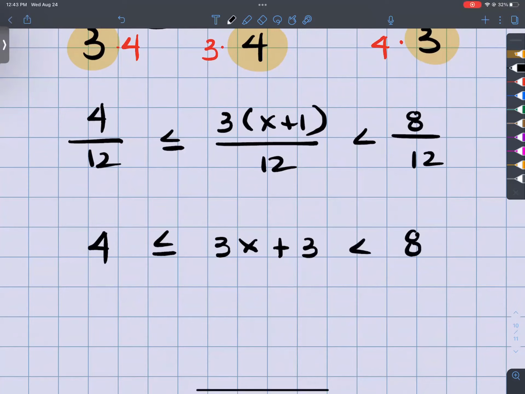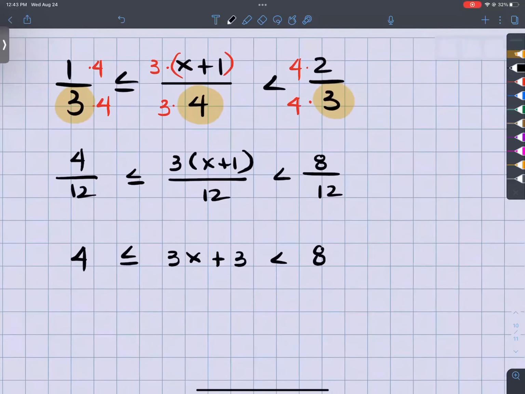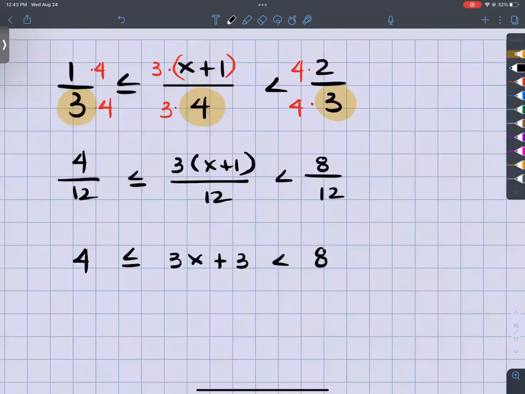So from here, whatever I do to the center, I have to do on the other sides as well. Okay. Yes, by 12, yes. But then you'll have a fraction on the end, right? You could do it. Yeah, you can definitely do that. But here's the thing: most students don't like any fractions anywhere.